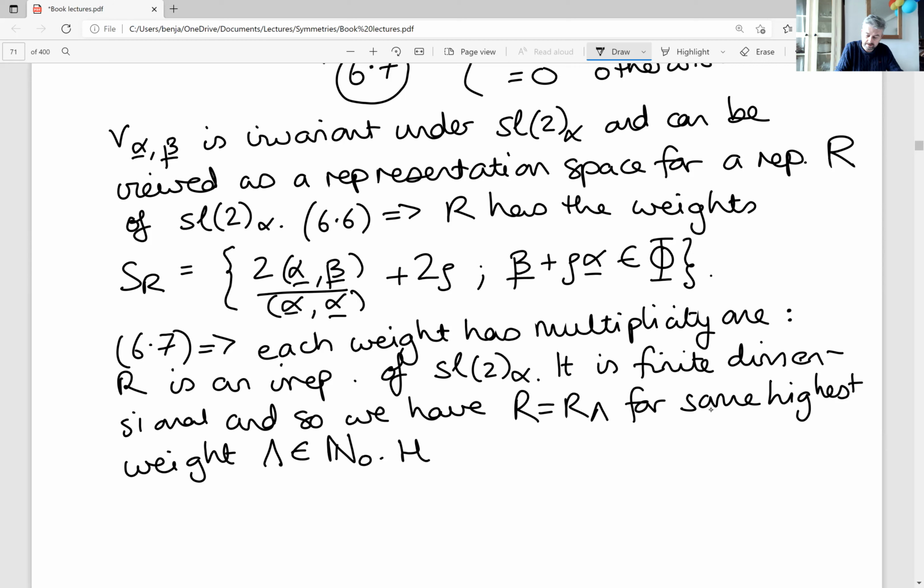In other words, SR is going to go from minus lambda, in steps of 2, all the way up to lambda.